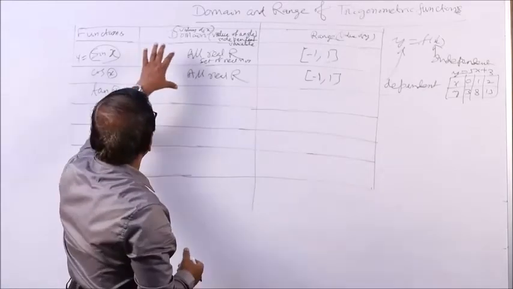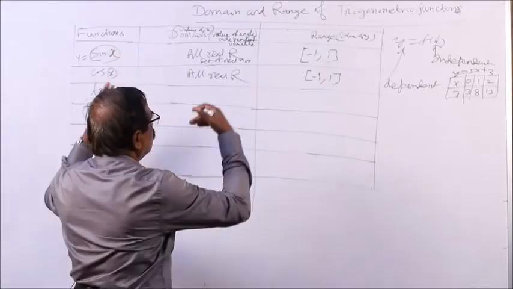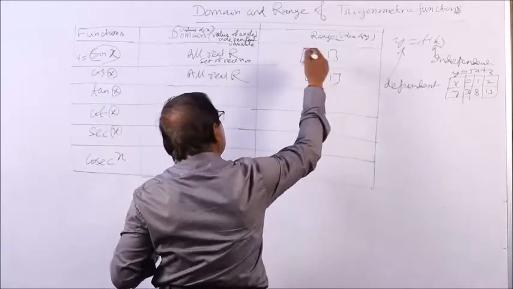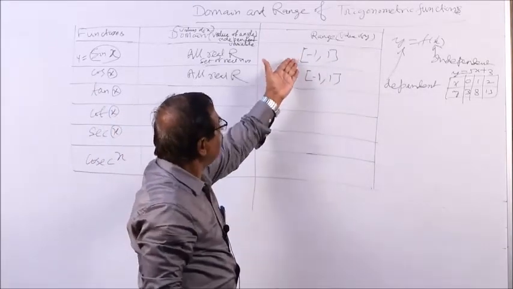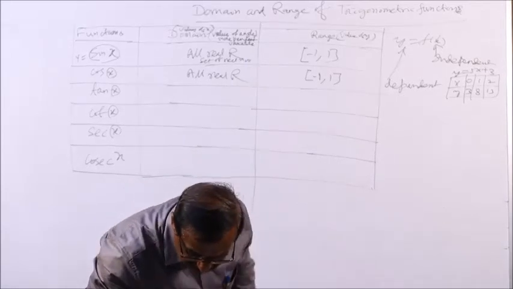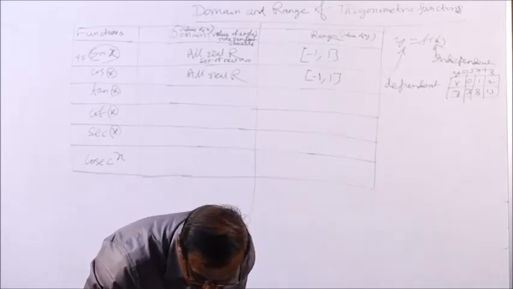So whatever value we take for x, the value of sin x will always remain within -1 to 1. So this is the range of the sine function. Similarly, this is the range of the cosine function.